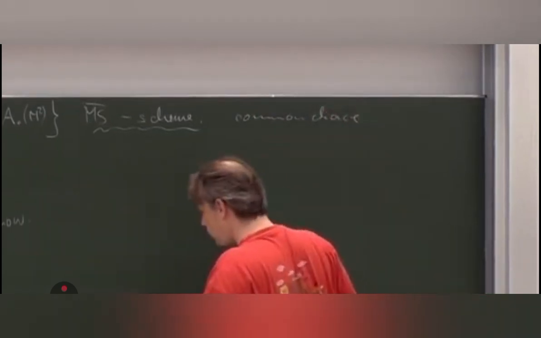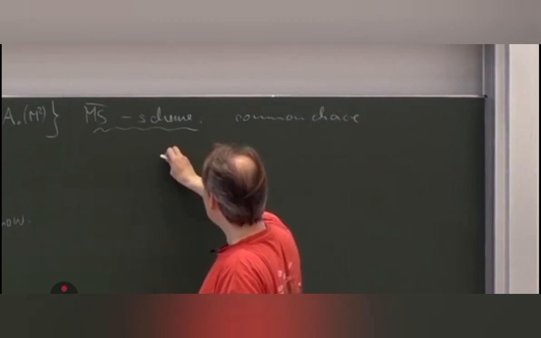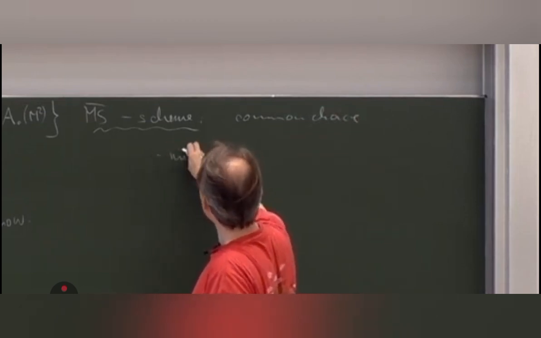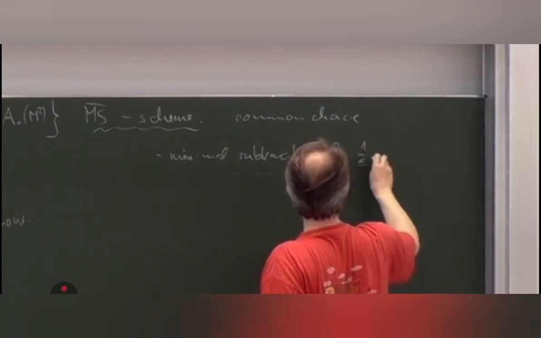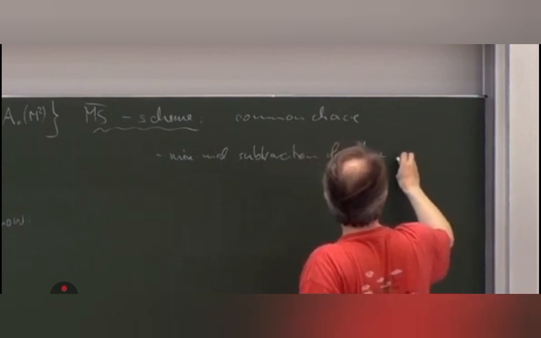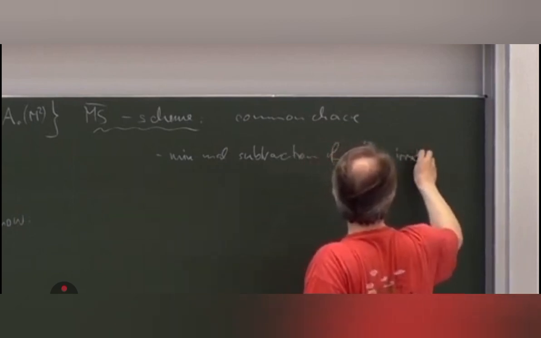It corresponds to the following: it is a minimal subtraction of 1 over epsilon plus some irrational constants.